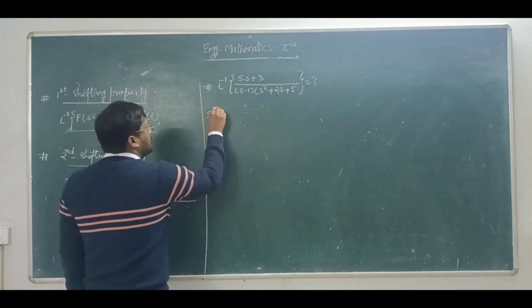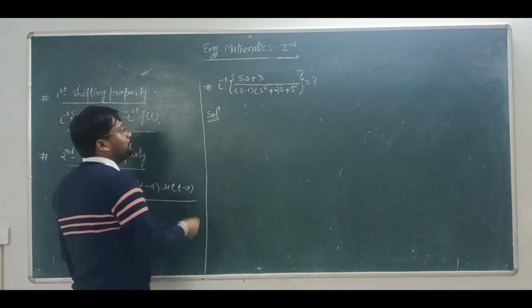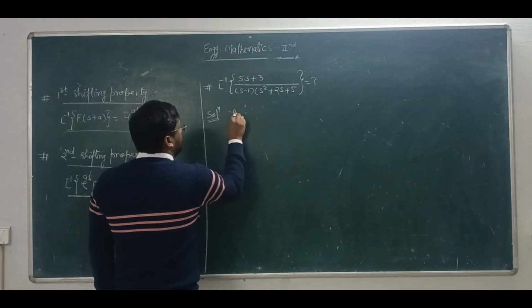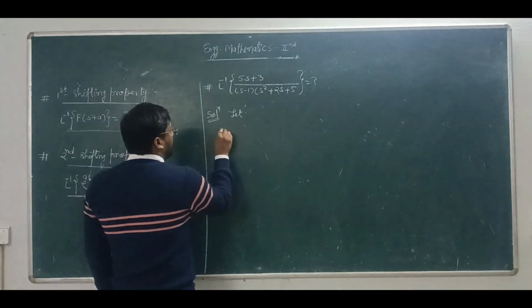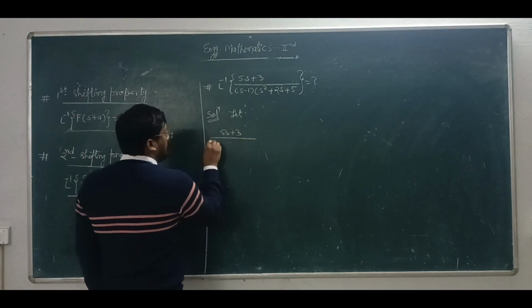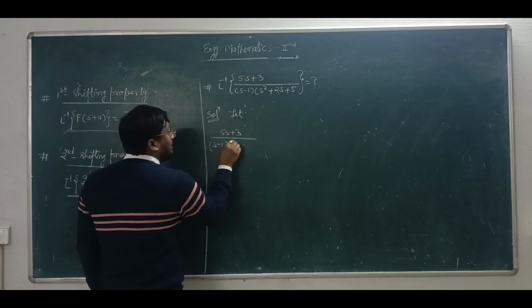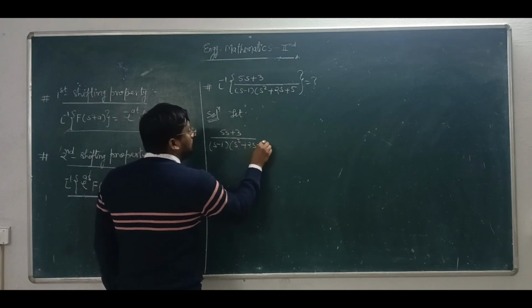Solution of this question: let (5s plus 3) upon (s minus 1)(s square plus 2s plus 5).